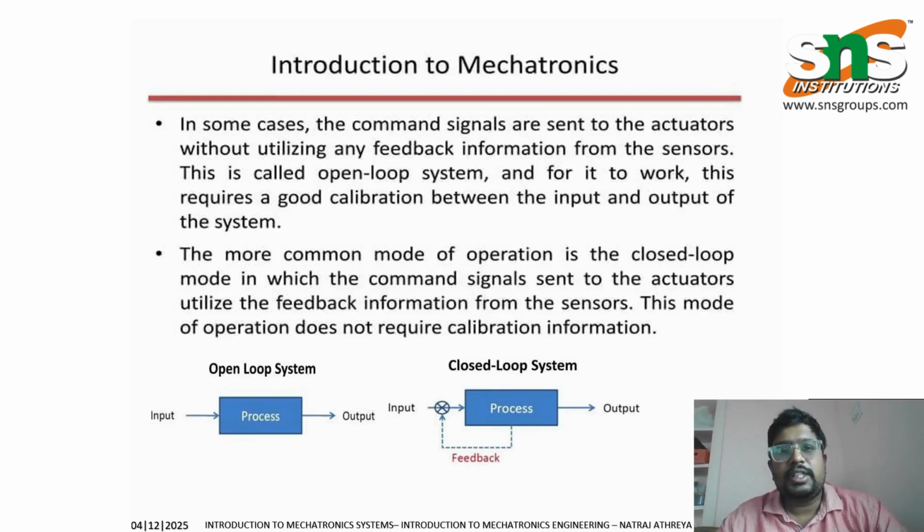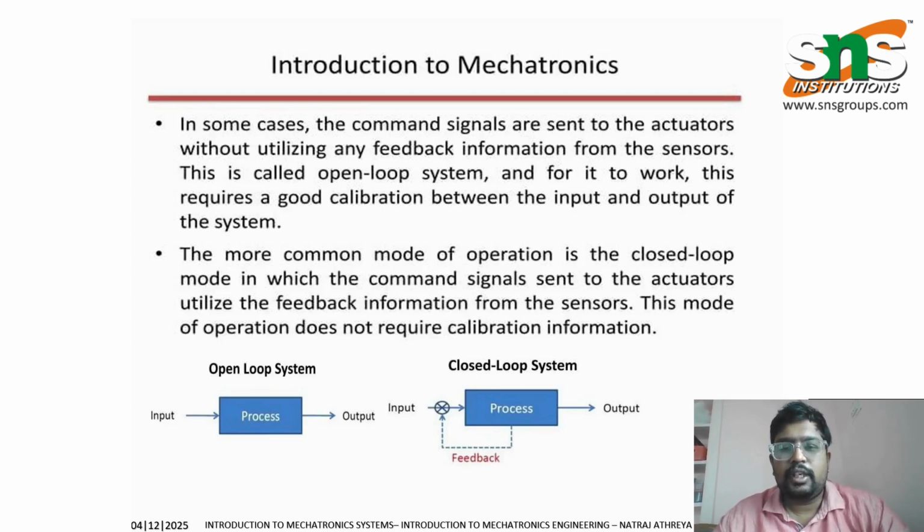We can classify the mechatronic systems into two parts, as in if the system is open loop or closed loop. If it is open loop, then there will be an input, a process that will happen, and then an output. There won't be any connection, or the output will not affect the input as is in open loop.